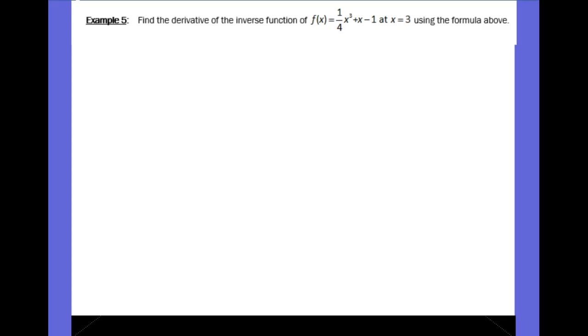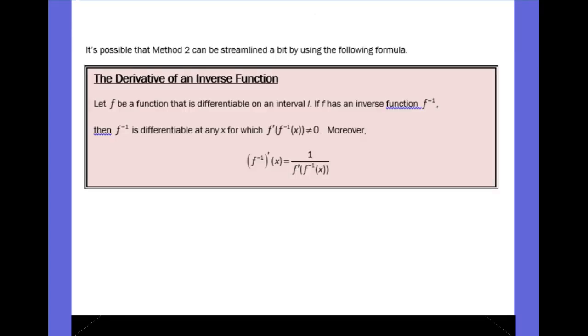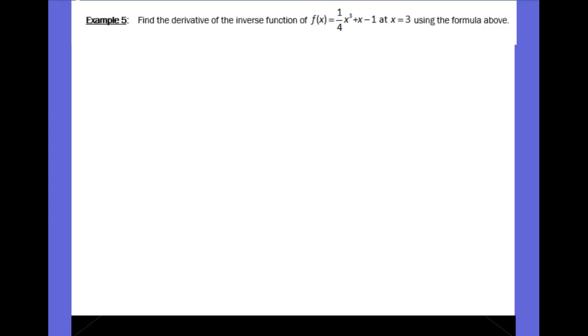So what we could do, again, it's f inverse prime of x. So what we'll do is essentially the x now is 3. It's going to equal 1 over the derivative of the inverse. So the inverse of that would be the flipping of the x and y's.